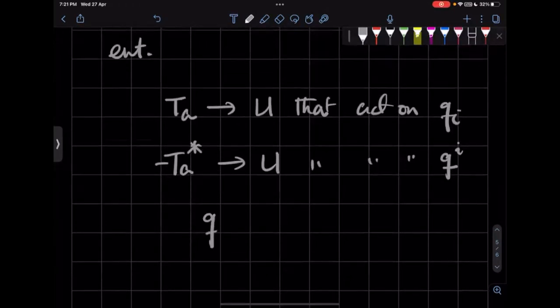And you can show that this QI upstairs is the same thing as QI star. It makes sense, right? Because you're going from here to here by complex conjugation. So you should also go from here to here by complex conjugation, right? But we write it like that.